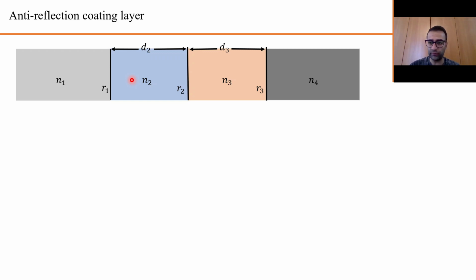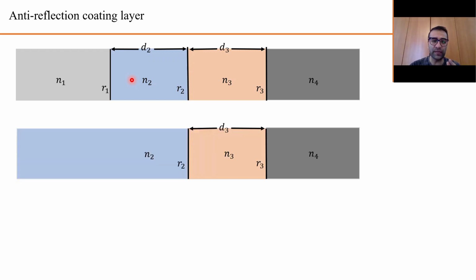We have derived it for one thin layer. What if we assume that this layer 2 is semi-infinite and we start the calculation from here? Imagine that light comes from here, and let's find the reflection coefficient from interface 2 and interface 3.